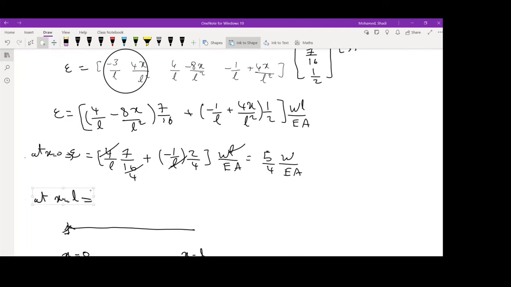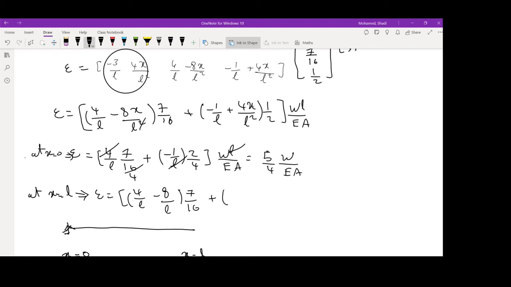So this will then give us here the value for epsilon to be, now I have 4 over L minus 8. This x will be replaced with L, so it's going to cancel the square and it's going to leave me with minus 8 over L. Obviously, this is multiplied by 7 over 16, added to minus 1 over L, 4x over L squared.